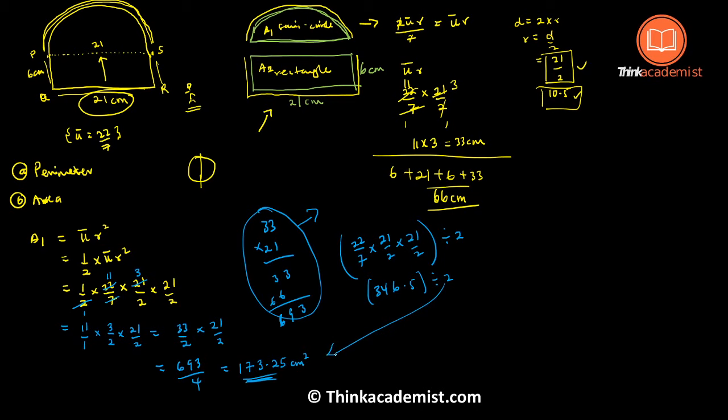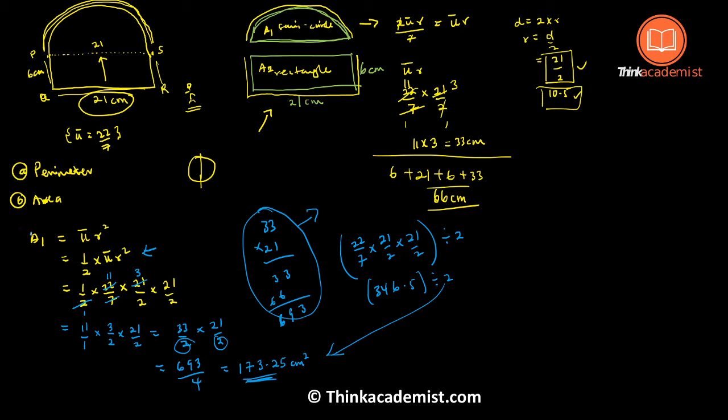Then it will bring us back to this calculation. Because we are getting this 2 and this 2, when we do this top multiplication, we'll get 693. Then when we divide by 4, we'll get 173.25. So whichever multiplication style you use, or whichever way you present your formula, will determine how your calculation goes, and it will also determine your final answer. I got a confirmation from Rebecca that it's supposed to be 173.25 centimeters square, so it means we are on the right track.